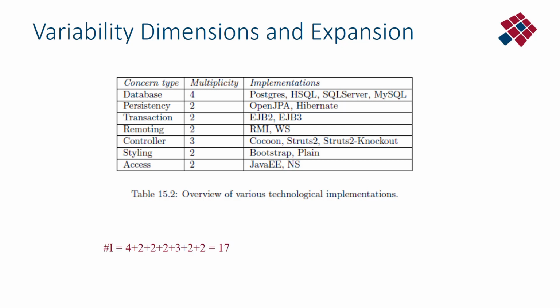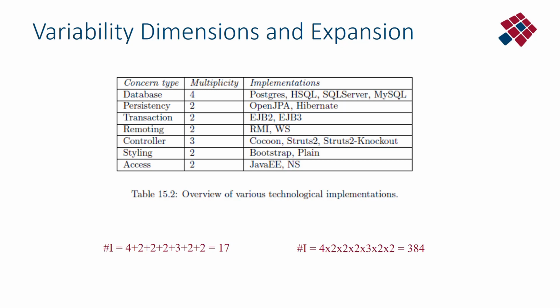Now, to give you a very simple example, a number of technologies and degrees of freedom, for instance, number of databases you would support, number of persistency frameworks, transaction frameworks, remoting frameworks, model view controllers, styling frameworks, access control, you immediately see that for these quite low numbers, where you have only on average 2 or 3 possible options or variants, that for these small numbers, the total sum and the total product has already a huge difference.